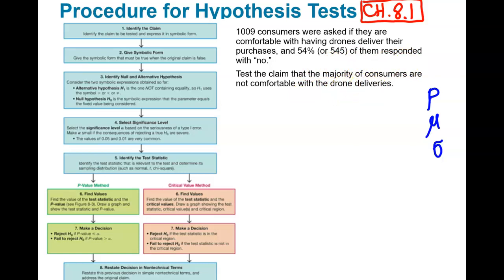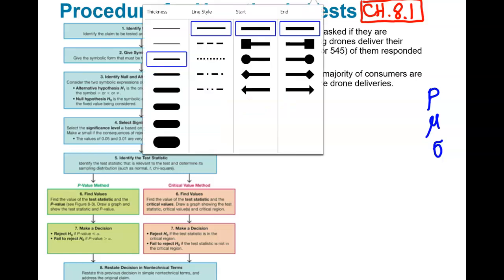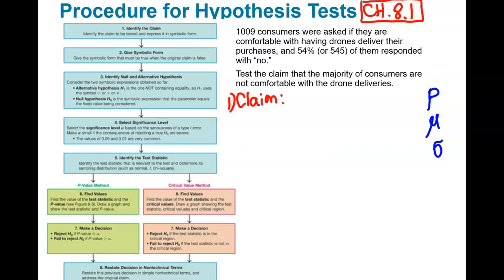So let's start with the first step, identifying the claim. The claim is that the majority, here is our claim, that the majority of consumers are not comfortable with the drone deliveries.